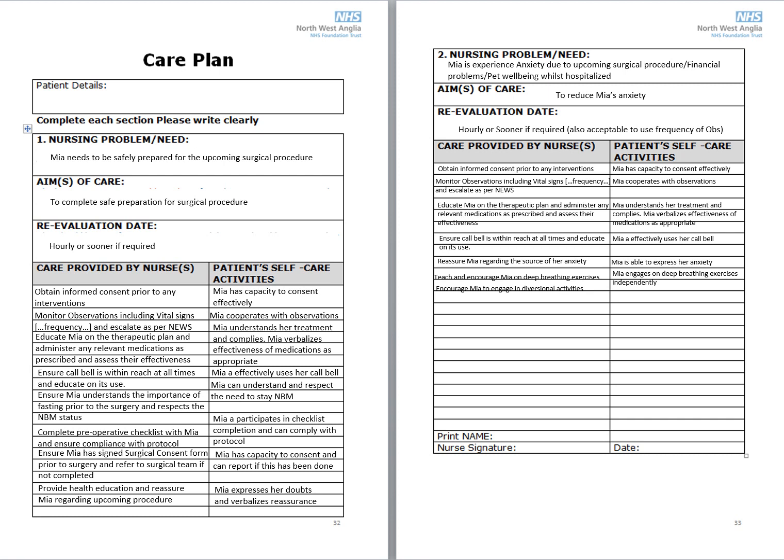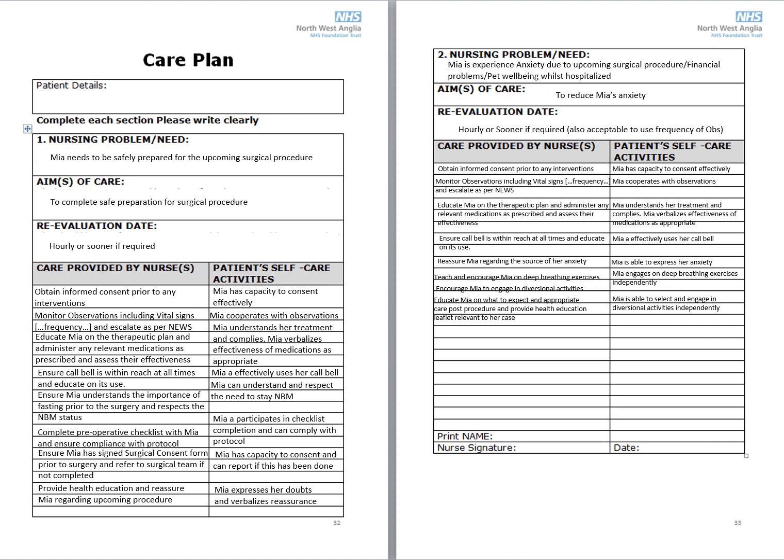And the reason I've used it is because we're going to encourage Mia to do something because she is able to do it independently. If she required assistance in achieving or performing a certain task, we would say assist instead of encourage. And the self-care, Mia is able to select and engage in diversional activities independently.